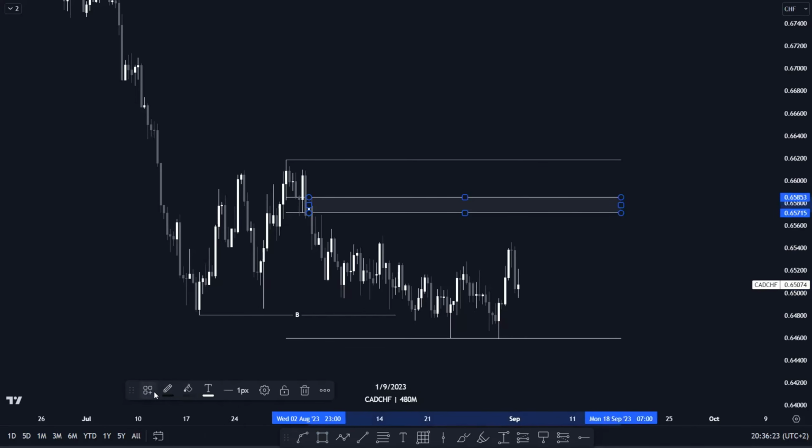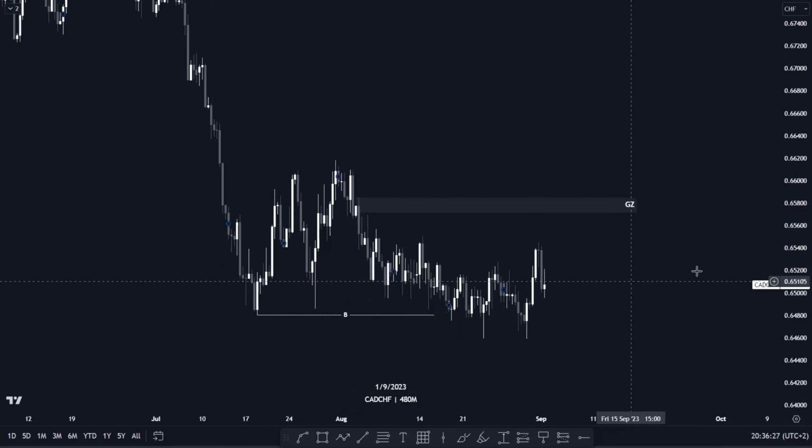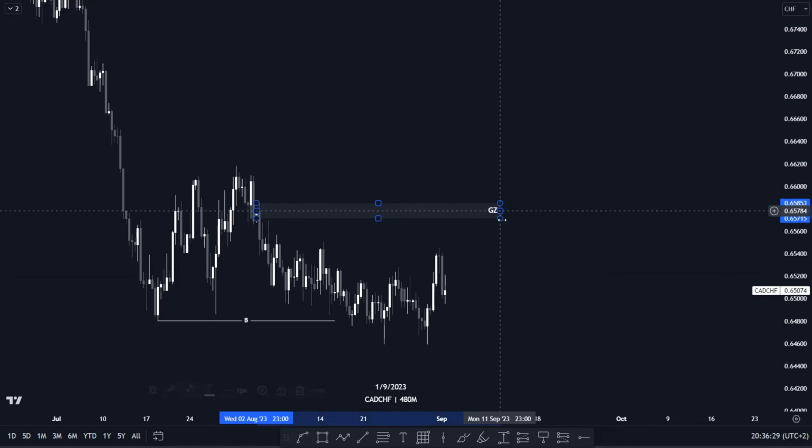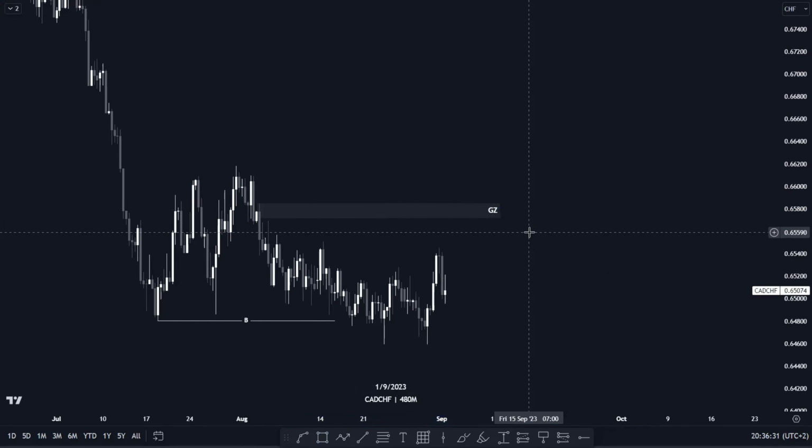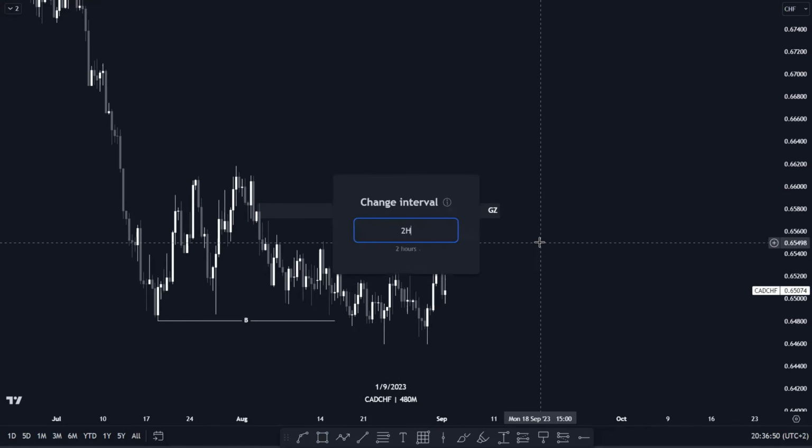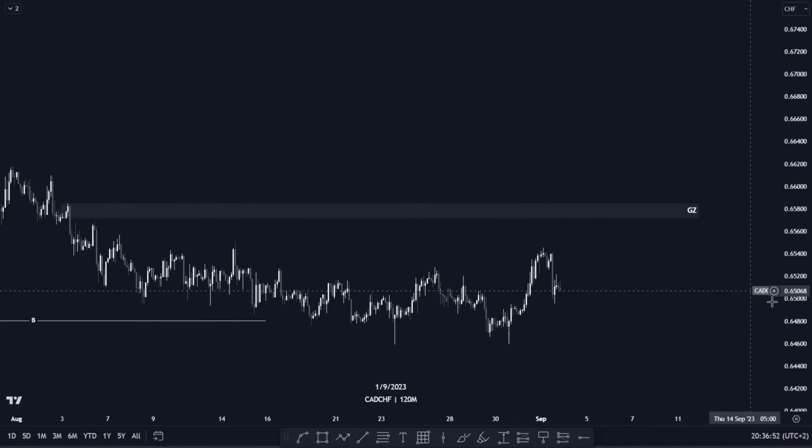Now you're going to take your selling opportunities from this here so that it breaks your daily lower low. Now you scale in into your lower time frames, so that you can get your buying opportunities to your golden zone. Since this is the 8-hour chart, you go to your 2-hour chart to look for your entries there.